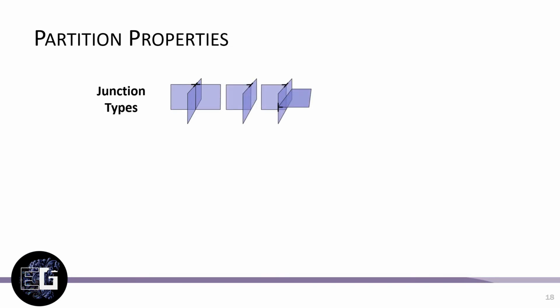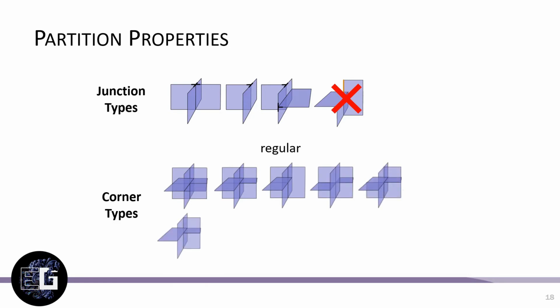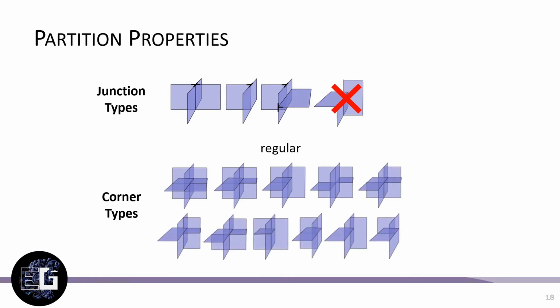Cases like those depicted on the far right cannot occur, as that would imply that a wall had stopped without having been blocked. Based on this, we can enumerate all possible corner types in regular regions of the parametrization and show that these corners again form solid 90-degree angles. The same can be shown for corners along singularities.